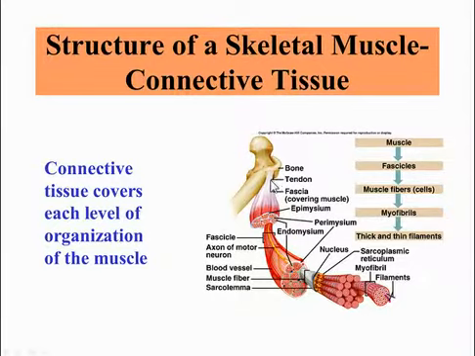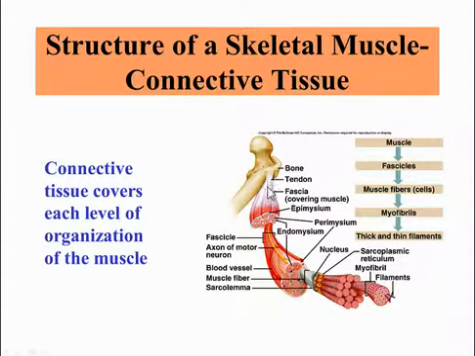If there's a tear, it's usually tendon from tendon and not necessarily tendon from bone, because this is a very strong union between the tendon and the periosteum of that bone. They're like continuous with one another.